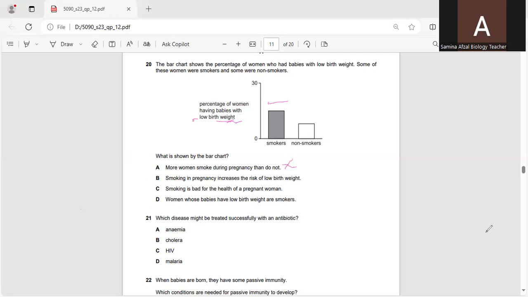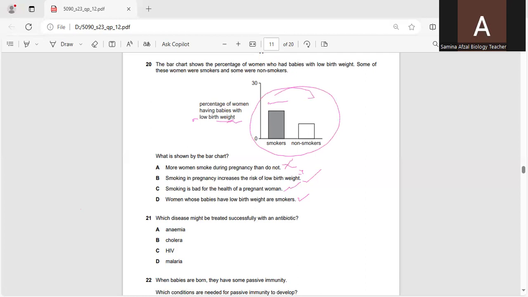Smoking in pregnancy increases the risk of low birth weight. Yes. Smoking is bad for the health of a pregnant woman. It can also be correct, no? Women whose babies have low birth weight are smokers. But according to this chart, we have to find the correct option.